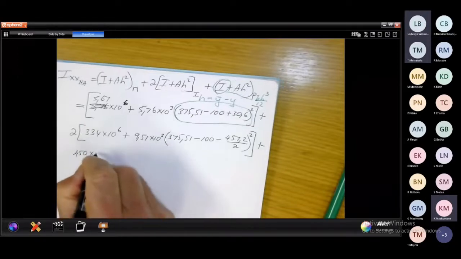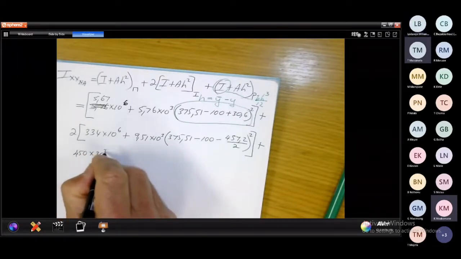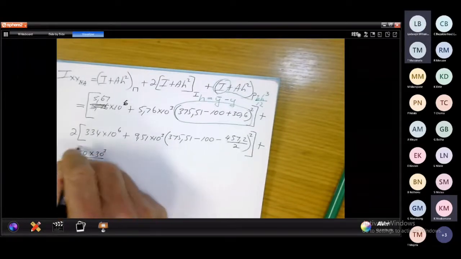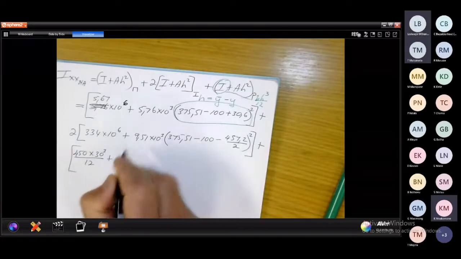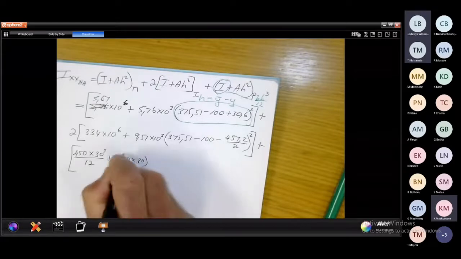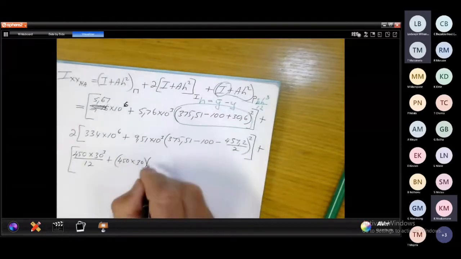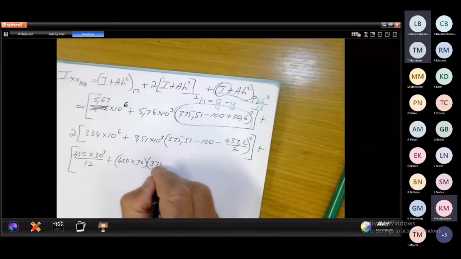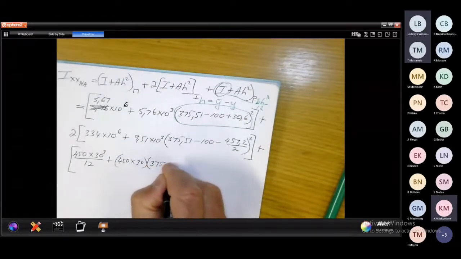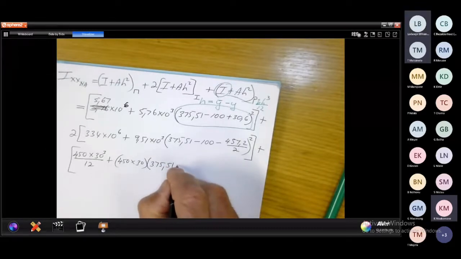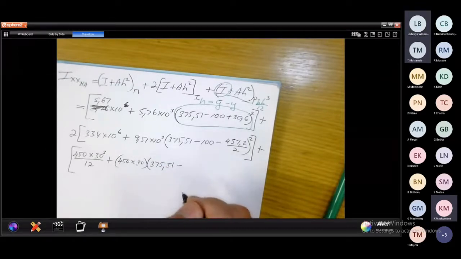450 times 50 cubed over 12 plus area is 450 times 50. Right, when you come to the h, h again is my ȳ, 375.51 minus my y.